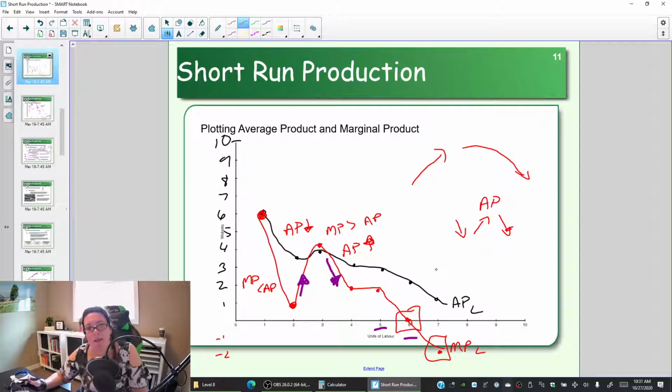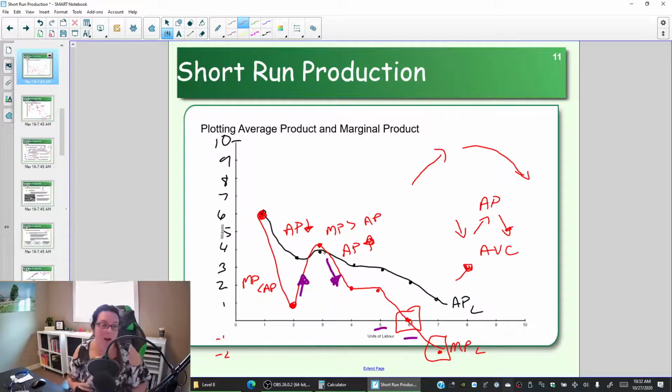So when we look at the amount that we are producing for the typical worker, it was decreasing the amount they could make. So if the typical worker is making less, then the $5 we have to pay for that worker is getting spread across less units. So if the average product is going down, what would be happening to the average variable cost? Each worker is making less. They still cost $5. So the $5 cost gets spread across less units. So the average variable cost should be going up. So when average product goes down, average variable cost goes up.